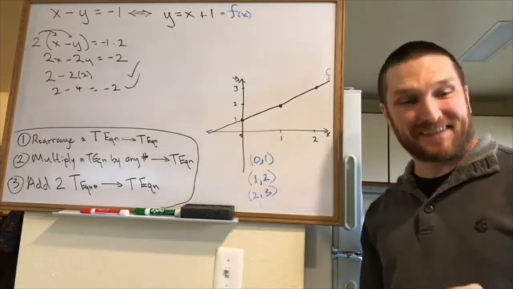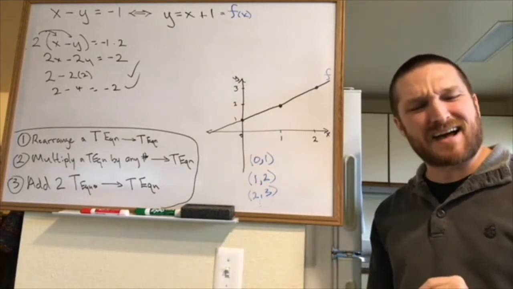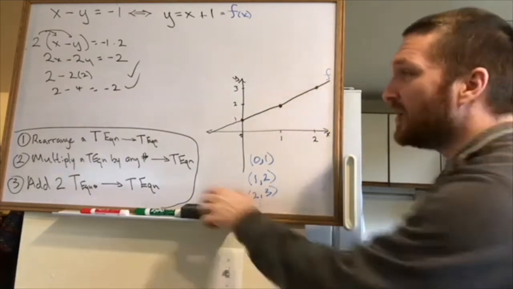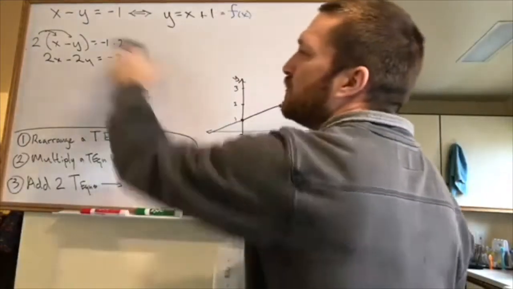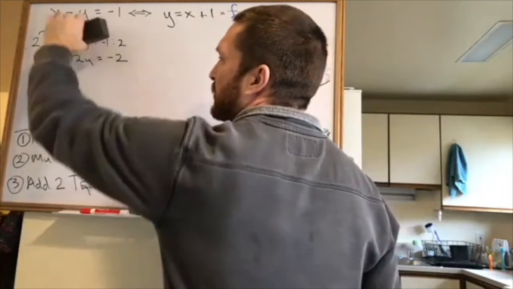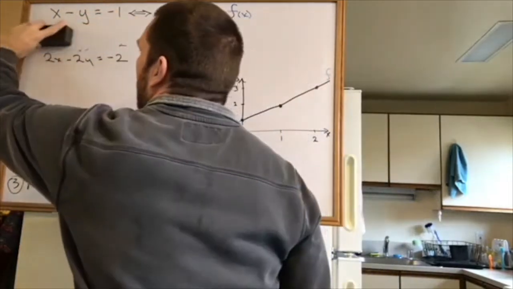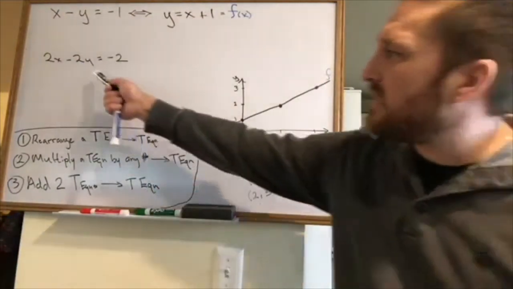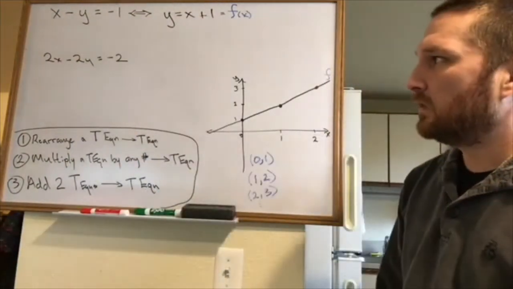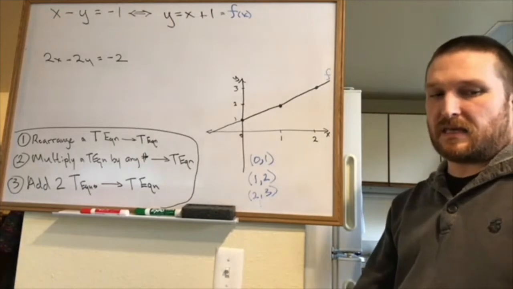But if you didn't believe that, if you're like, I'm not sure, here's something we could do. We could say, well, hold up. You have this new equation. You multiplied both sides of this equation by something. Maybe it changed something. I don't know. But if you gave me that right there, I'd say, well, let's see what that thing looks like.